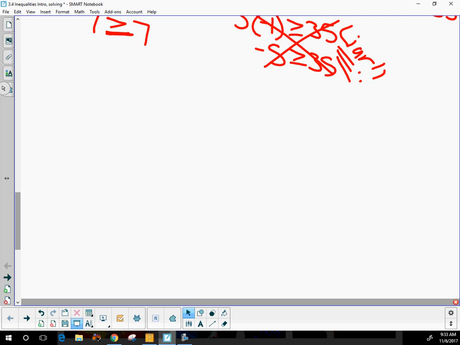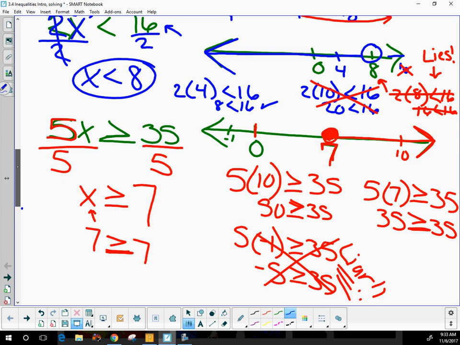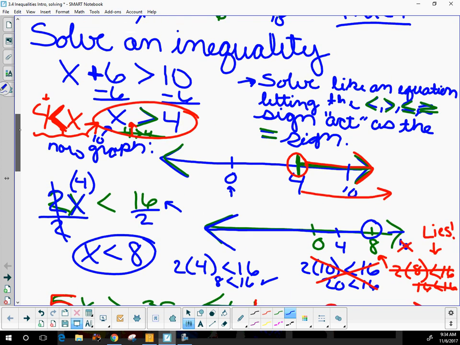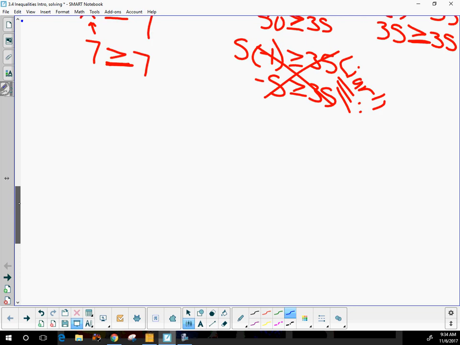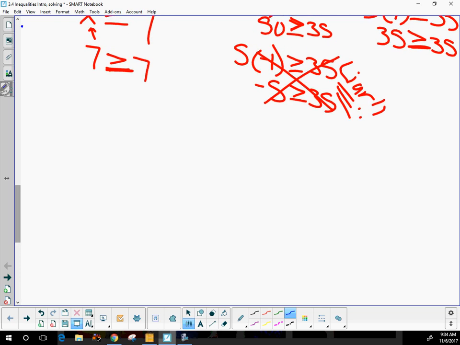Some people get really confused about what we're actually graphing. And hopefully in these examples, you saw that we're graphing all of the possible answers. If you go and say that, oh, actually, I want to show you a backwards type thing.